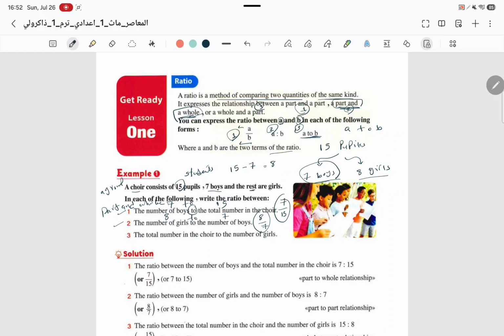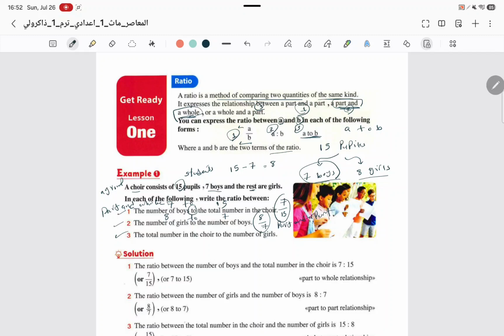What is the relationship between the number of the girls and the number of the boys? It is a part and a part. Why? Because the number of the girls is a part of the pupils, and also the number of the boys is a part of the pupils. Did you get the idea here?